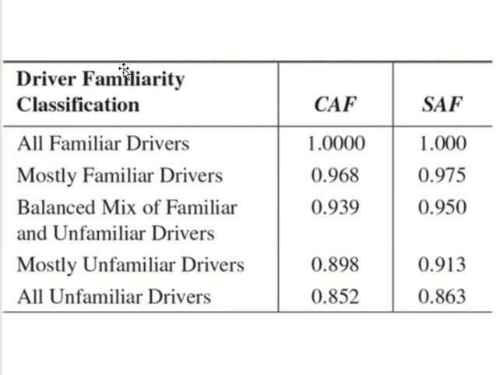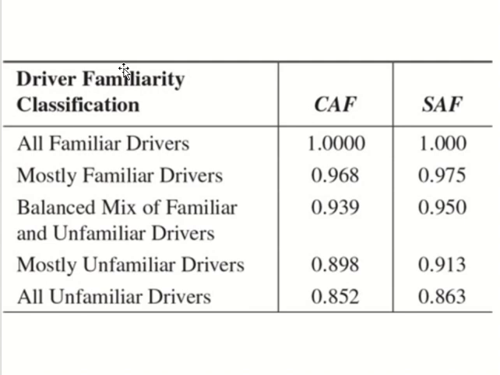This is for driver familiarity. Keep in mind again, the incident factor was only for capacity, no incident factor for free flow speed. Driver familiarity: all drivers are familiar, most of them are familiar, half of them are familiar, most of them are unfamiliar, and all of them are unfamiliar.